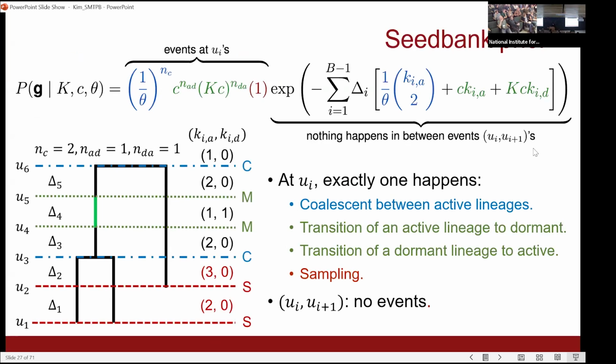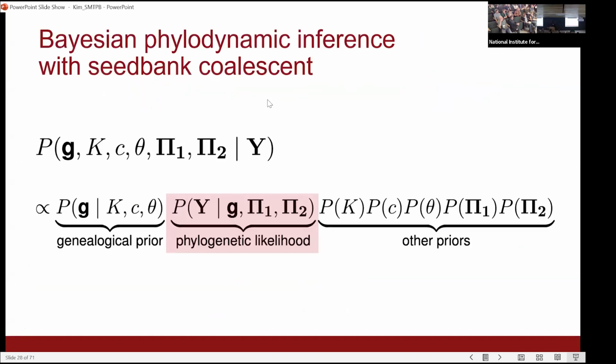So this is just the probability that nothing happens in between the events, and each term's contribution is colored by the event type. And then at the end of the time interval, something happens, one of these events. And sampling is deterministic because we know the sampling time, so we have probability 1.